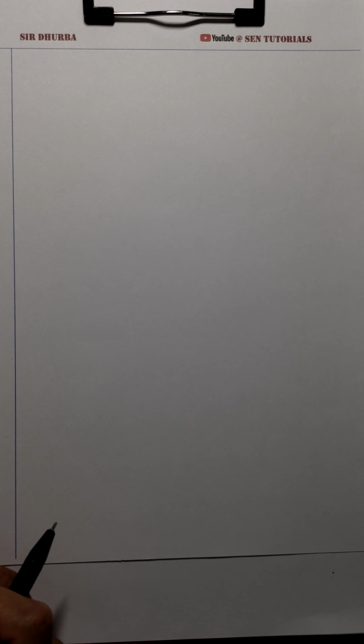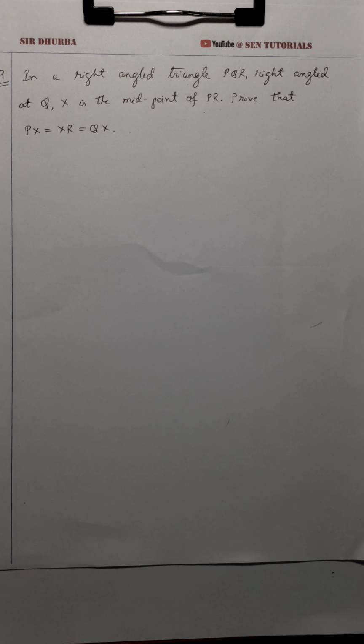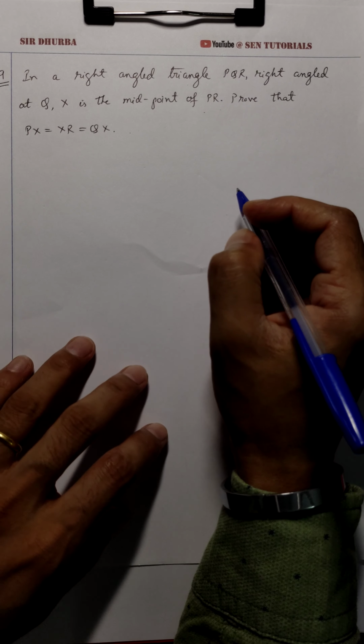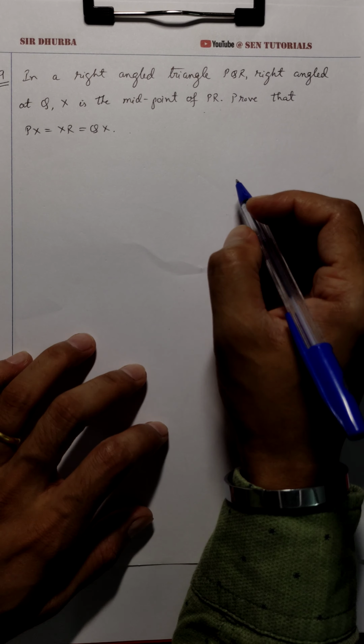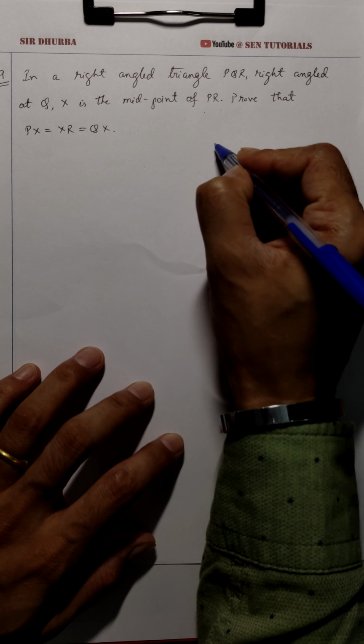All right, let's go to another question that is actually not in the NCERT textbook. This is only in the Nagaland Board of School Education edition, but this is a very good question. An extra question, I would say, but a very common one. What it says is, in a right angled triangle, let's say PQR.